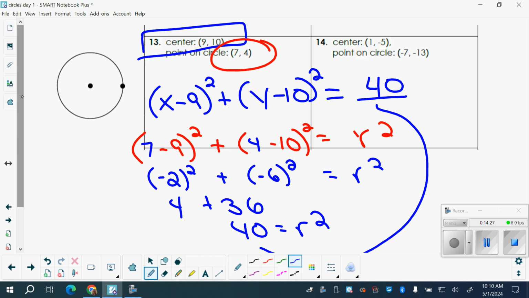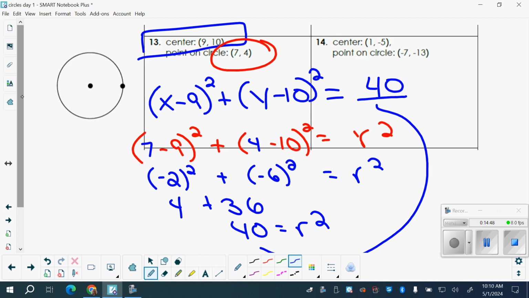Oh, no. I feel like you made some mistakes here. Yeah, negative 8 and negative 8, 64 plus 64. 128.